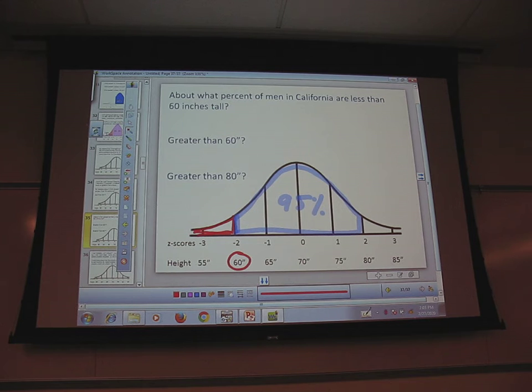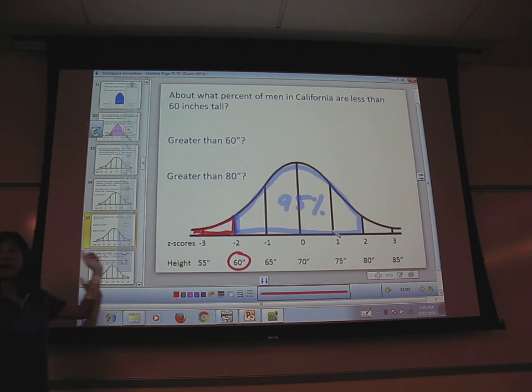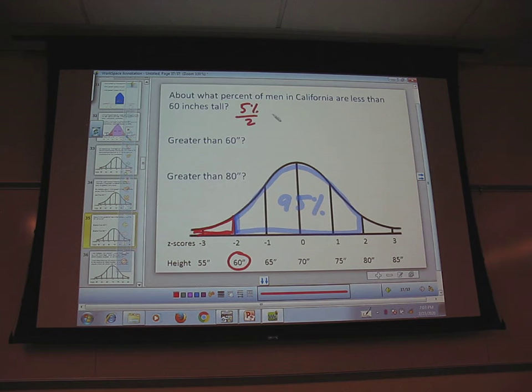Okay, so 95%'s on the inside, what percent's on the outside? 5%. How much in each half of that? Half of 5%, so 5% divided by 2, 2.5%.